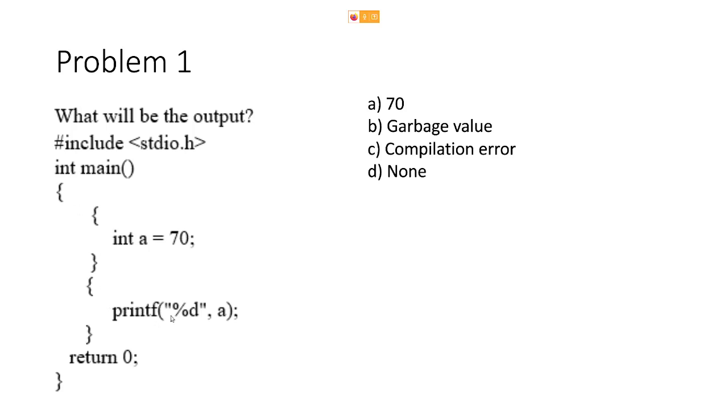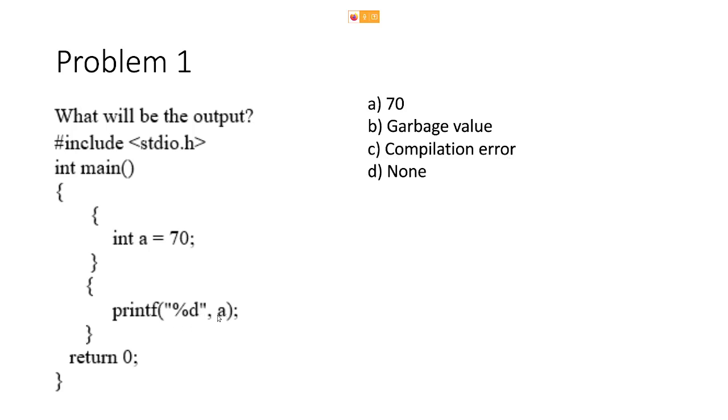Since this printf statement is outside the set of braces, and in fact in another block, which is not necessary, even if there was not a different block here, if you try to print a here, the compiler will give you a compilation error. That is an error while you try to compile this program.